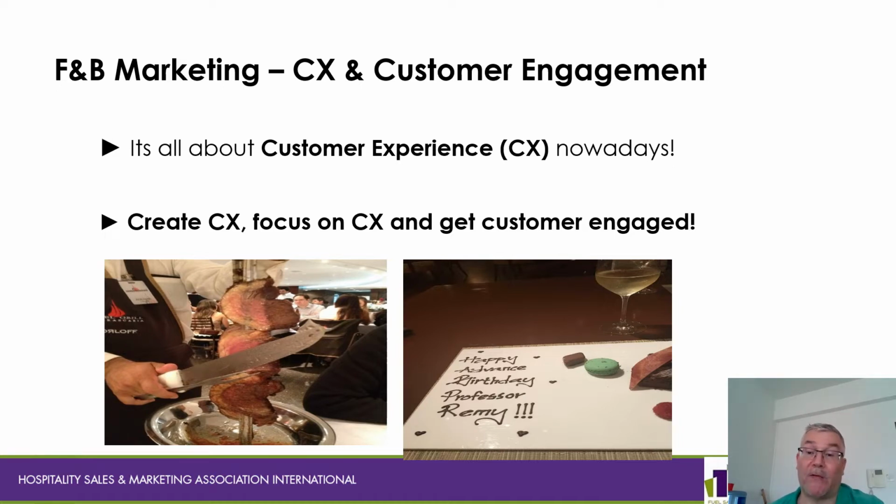It's interaction with other customers, with your employees, etc. Many, many factors. And you see here two examples. On the left side, a Brazilian churrascaria where they cut the meat at the table, so the whole experience is given. And on the right side, a restaurant where I go quite regularly remembers my birthday and has given me this nice gift.